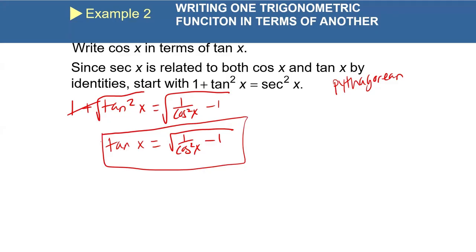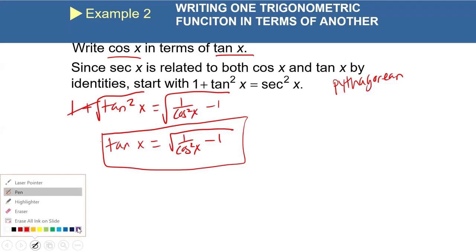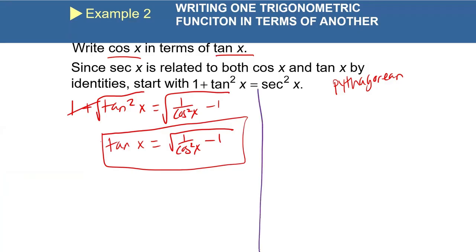Because it said write cosine x in terms of. Oh, I went the wrong way. We'll do both. So now, what if I wanted to get cosine by itself? So now we were here at 1 plus tan squared x equaled 1 over cosine squared x.